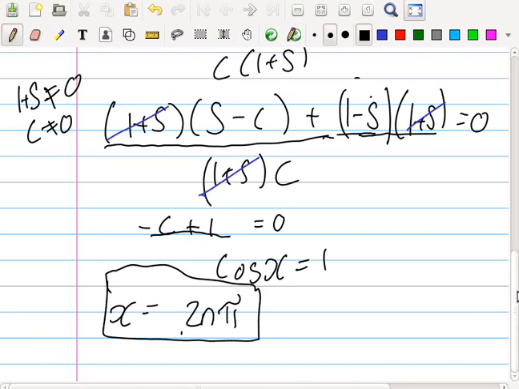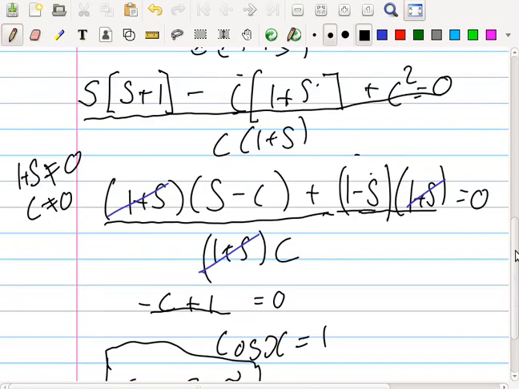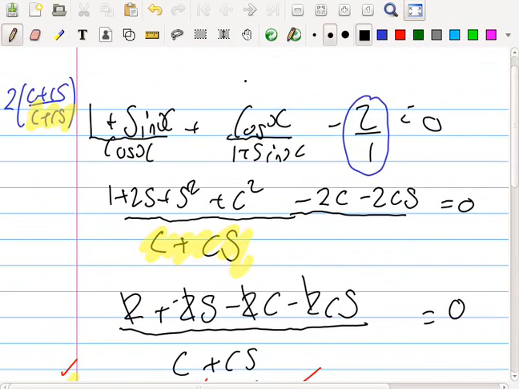Can we check that this is right? So pick a number for n, let's say 20 or 10. So that'll be 20 pi. So can you type this in here in radian mode, x is 20 pi, and see if you get 0. Thanks. I'll check too.